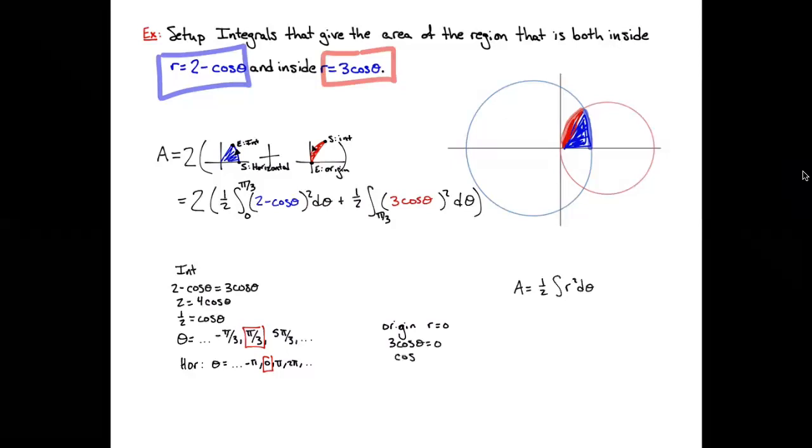So that's cosine theta equals 0, which has a number of answers, including minus pi halves, 3 pi halves. And I'm looking for the one that comes right after pi thirds. Which of these is the next one we hit after pi thirds? That's pi halves, which tells me that this integral should end at pi halves.